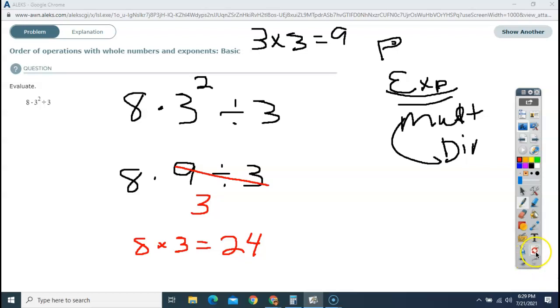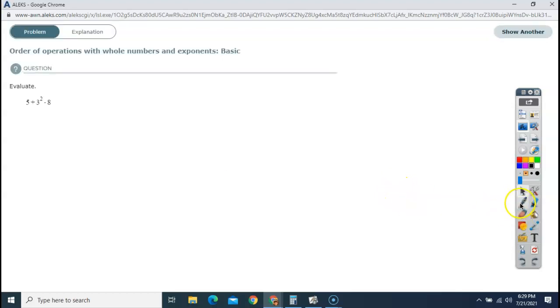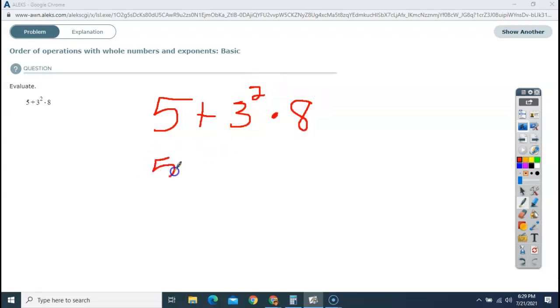All right. Let's tackle another one. Hopefully it has some adding and subtracting in it. Yeah, it does. Good. So we have 5 plus 3 squared times 8. That little dot means times. So we know that 3 squared is 9. 5 plus 9 times 8. 9 times 8 we know is 72.